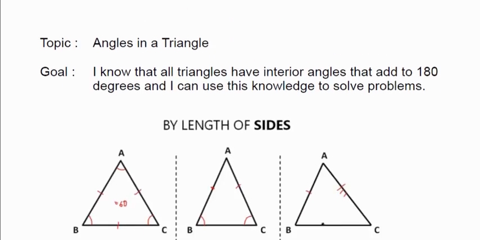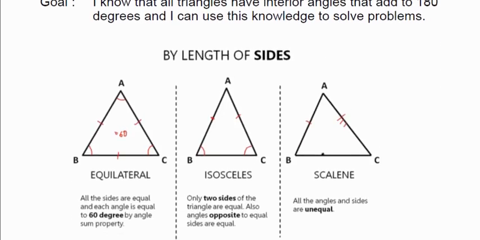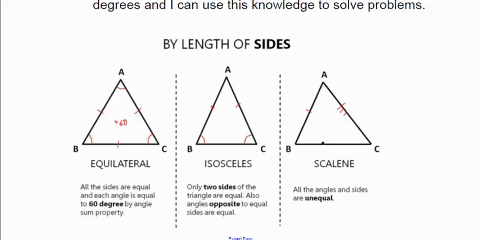The first thing we're going to do, and you're going to have this handout, is look at 3 different types of triangles: the equilateral, isosceles, and scalene. Equilateral is the first one, and it's described as having the same sides, the same length.